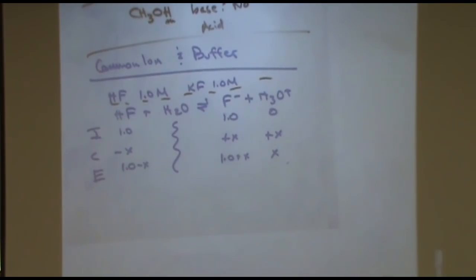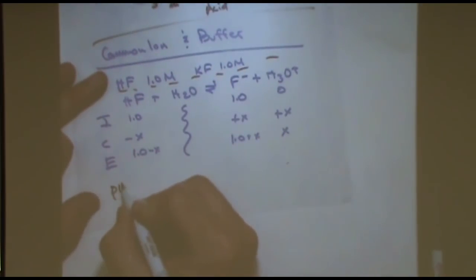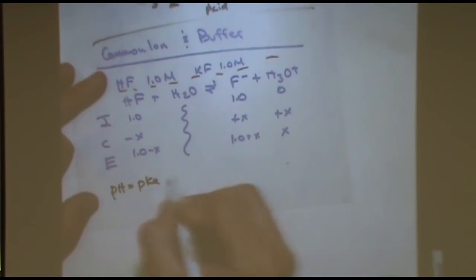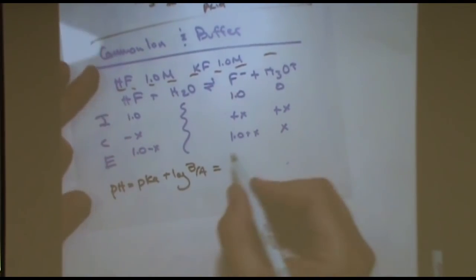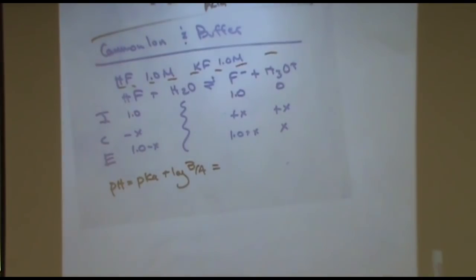However, because this is a buffer, you've got an acid and its conjugate. Instead of doing the ICE table, which I just wrote out beautifully, you could have instead said pH is pKa plus the log of the base over the acid. So you go pKa. Where do I find pKa? Yeah, on my test, on the table in the back.